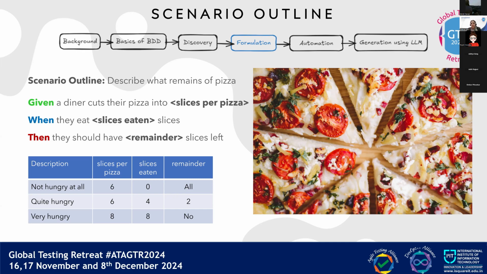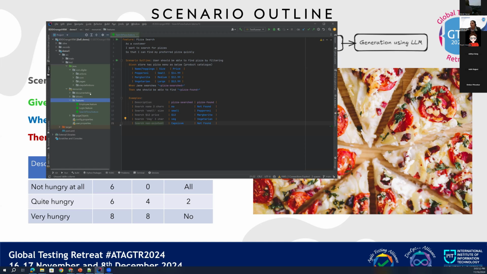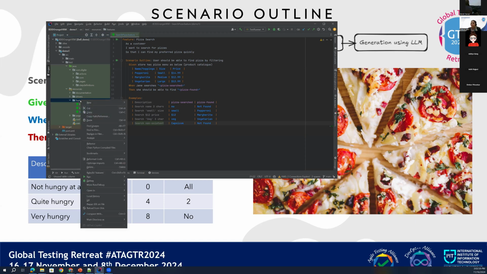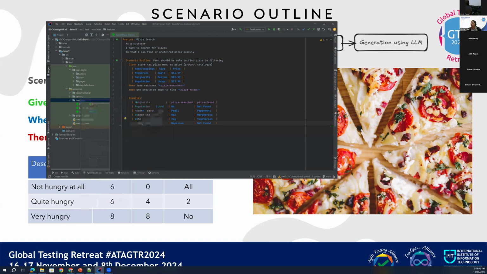So what we'll do is we'll quickly pen down our first scenario, just for people who are new to BDD. I'll just take a moment to add our first feature file. My screen is visible, right? Yes, you can see the IDE, right? Yes, we can. Okay.